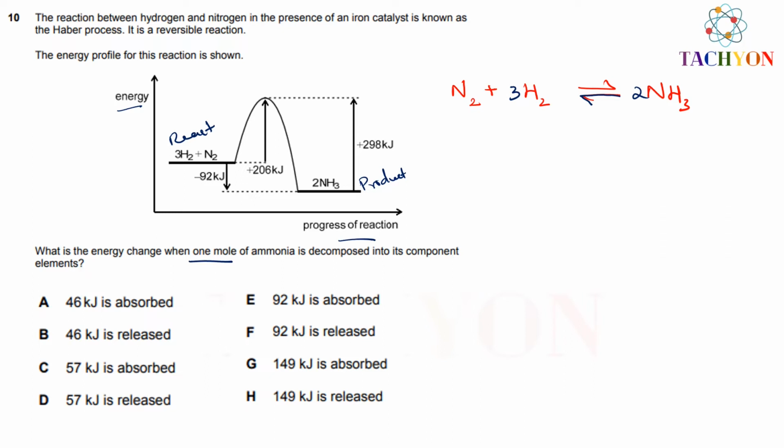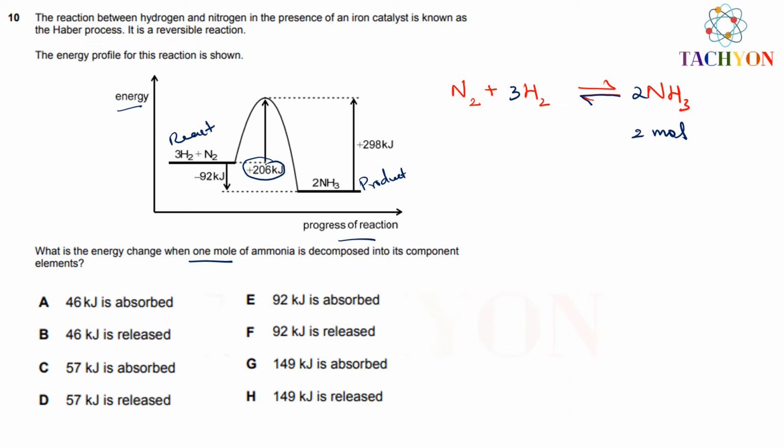Here in the balanced equation, it is 2 moles, not 1 mole. So whatever answer you have, you should divide it by 2. If you're observing the reactants here, the reactants 3H2 and N2 have an activation energy of 206, and you're getting the product by releasing 92 kilojoules, that is negative 92 kilojoules, the enthalpy change is negative.